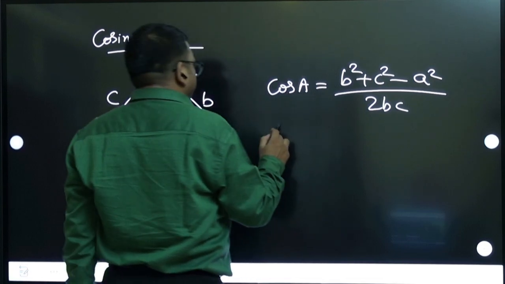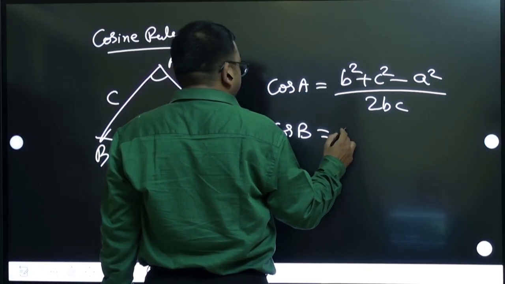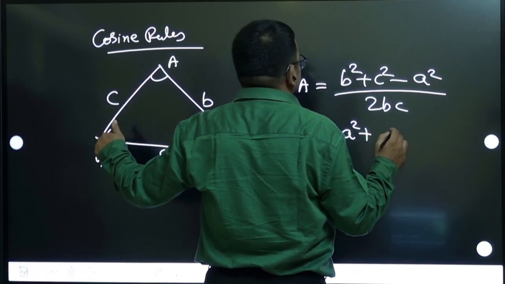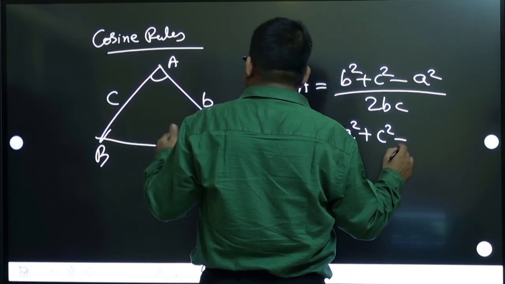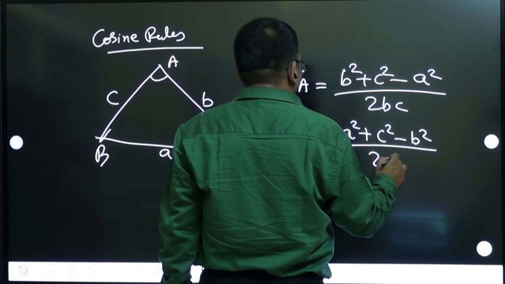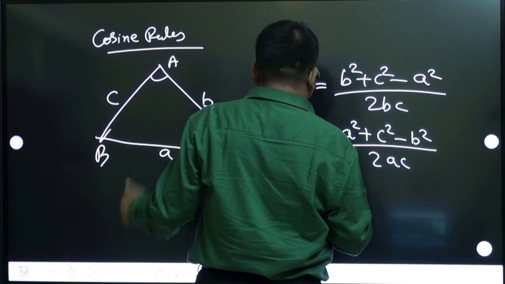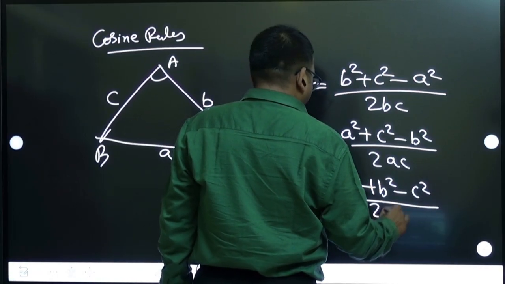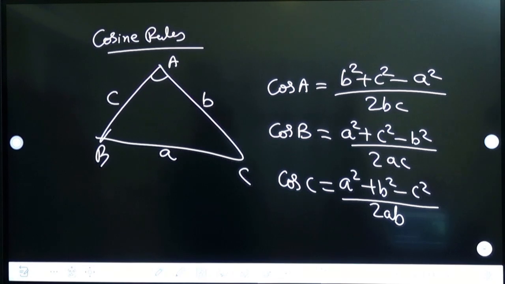Similarly, if I want cos B, it means a square plus c square minus b square by 2ac. Similarly, cos C means a square plus b square minus c square by 2ab. So this can help us quickly find the cos. If you know the sides, you can calculate cos. Right?